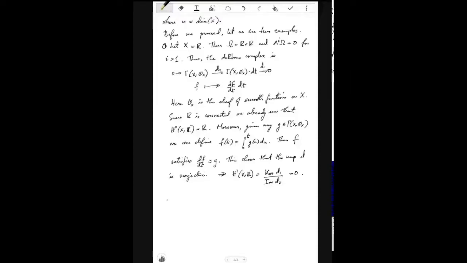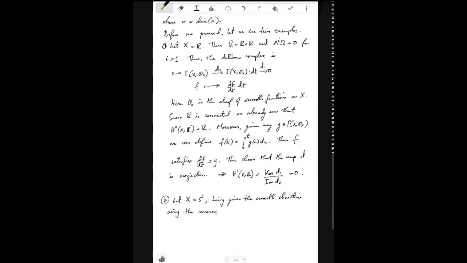The second example, which is more complicated and more interesting, is that of S1, being given the smooth structure using the covering map R to R mod Z, as we had seen before.